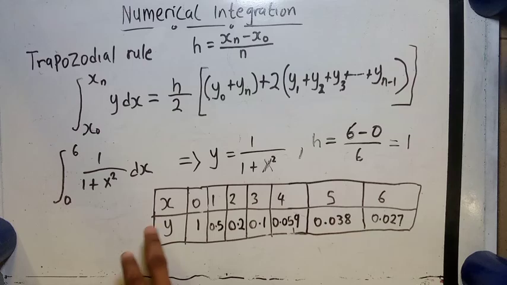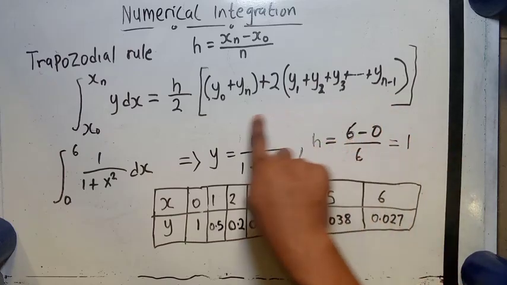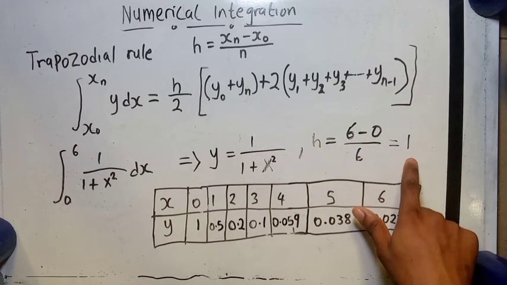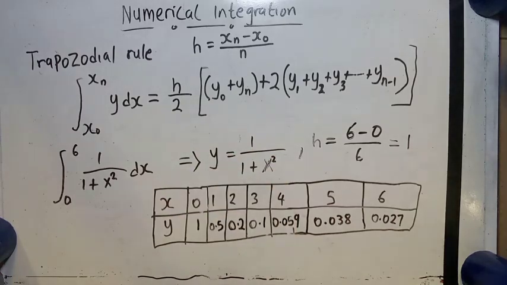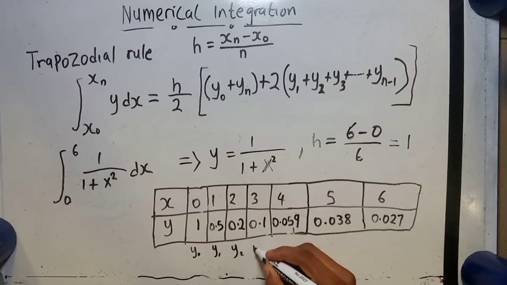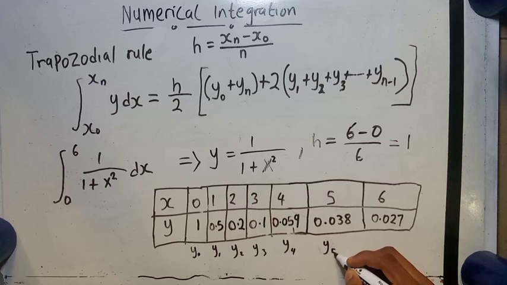So now we have gotten our x and y corresponding values. This is why we need to get all this, so that we can simply substitute it into this formula. We know what our h is, 1. Our y0 is represented by this guy. This is our y0, y1, y2, y3, y4, y5, y6. Our y6 and yn are the same thing. n means last number.